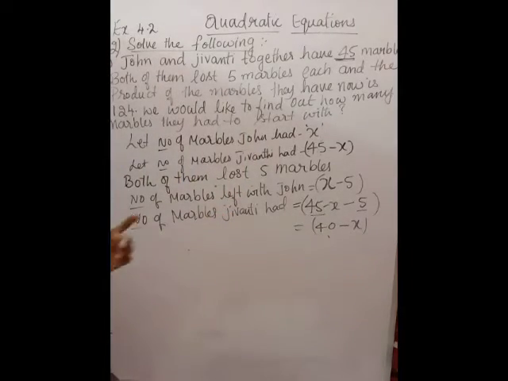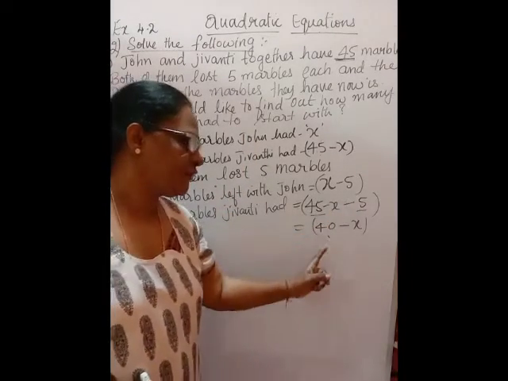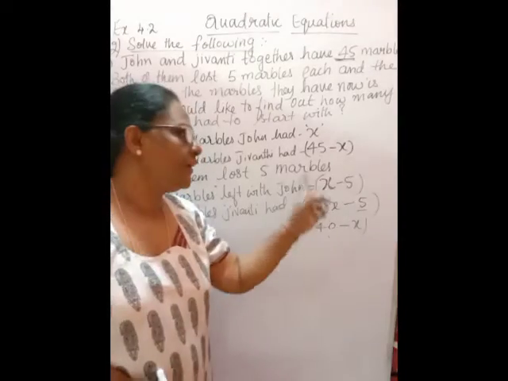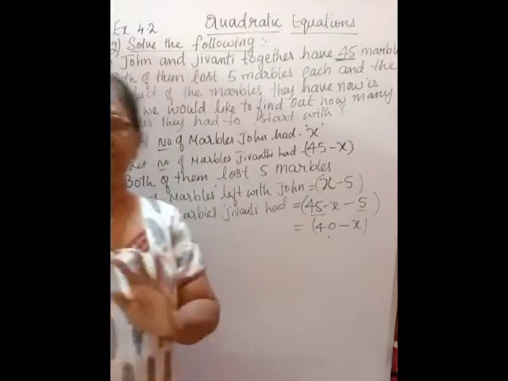So John has x minus 5 and Jivanti has 40 minus x.